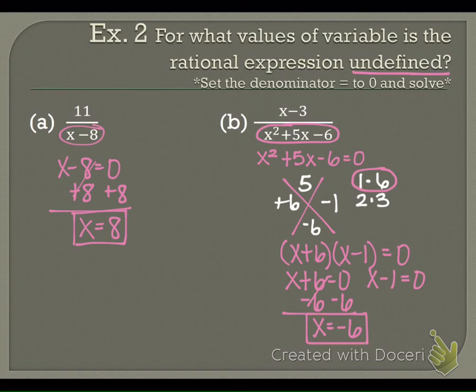Not 6. Negative 6. All right. And x minus 1 equals 0? Add 1 to both sides. And x equals 1. So, when x equals 1 or when x equals negative 6, my problem would be undefined. Are there any questions on this lesson? All right. That is 11.4.